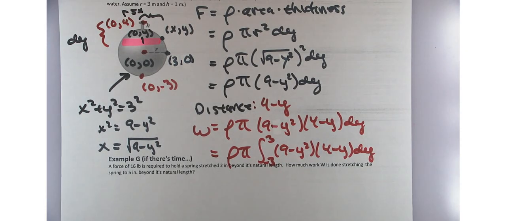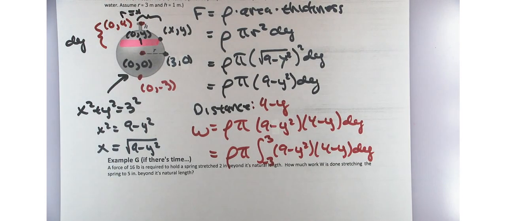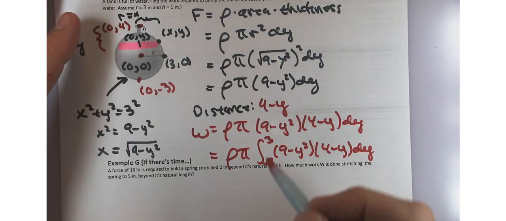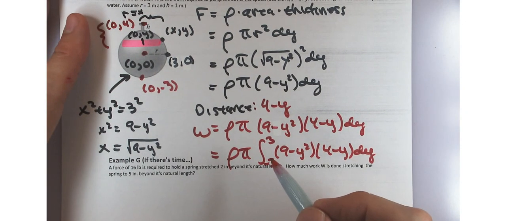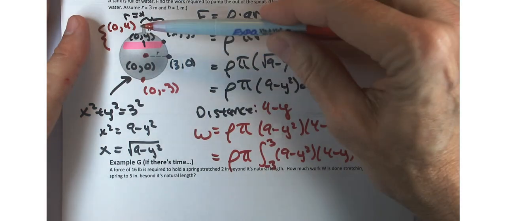One thing's for sure. What quality of an answer would say that you're wrong? Can you get 0 here? Would that sound right? Kaiser, you're making me nervous, but I need to hear from you anyways. It says h equals 1, so it should be from negative 3 to 4. No, because the tank only goes up to here at 3.